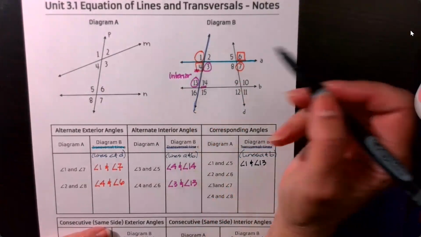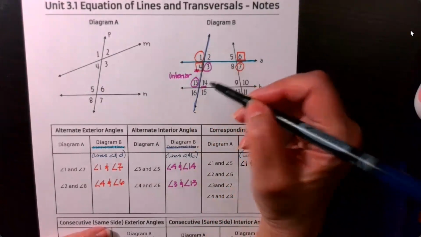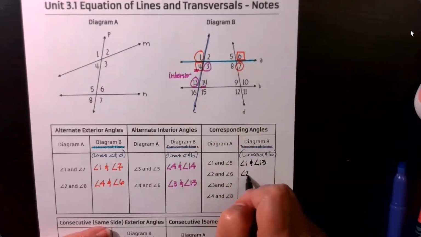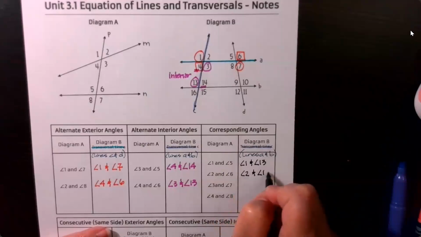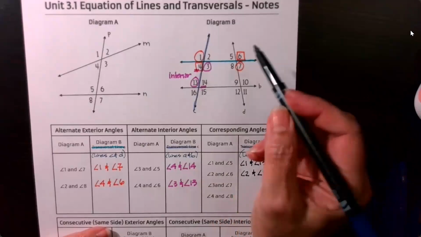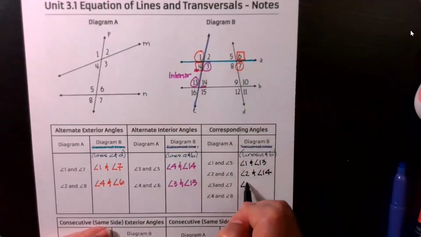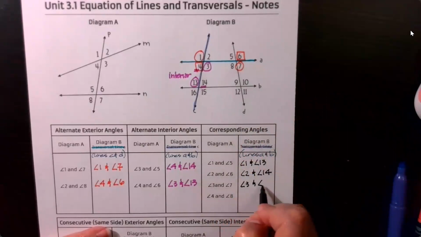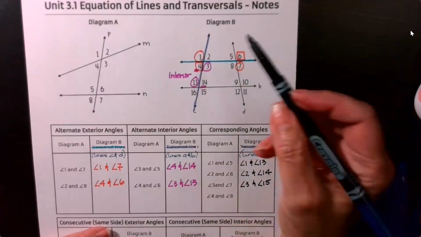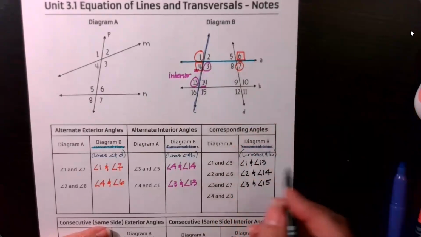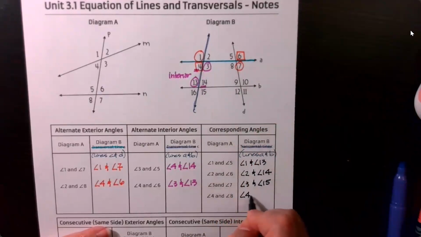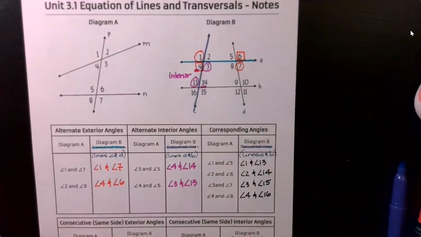And then I'm just going to go clockwise. 2 and 14. 3 and 15. And then 4 and 16. And they are corresponding angles because their positions correspond to each other.